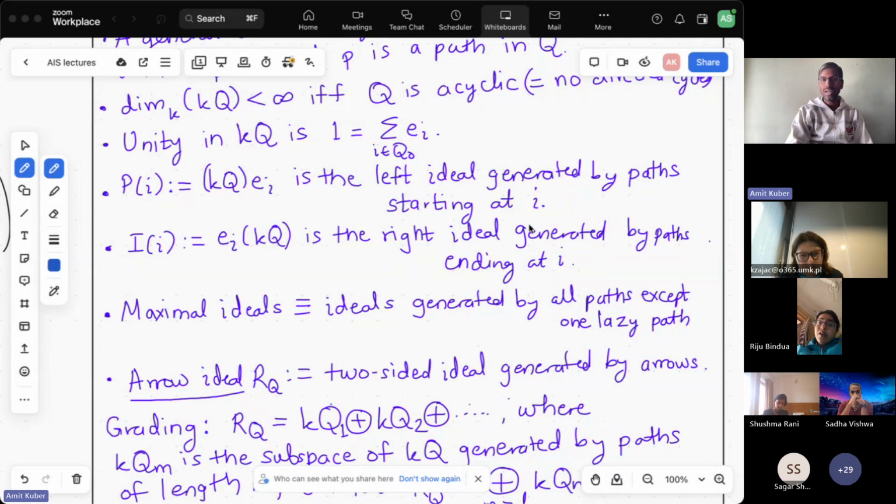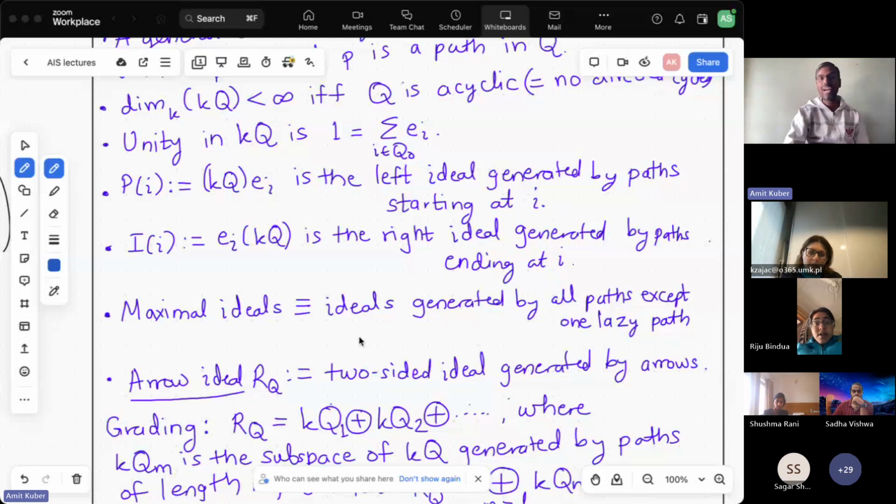If you remember, Upendra mentioned this already. He gave a description of the projective module at vertex I. What he did was simply take all the paths from I to J, and that was the basis of that particular vector space. So I'm not saying anything different, I'm just expressing it in a different language.